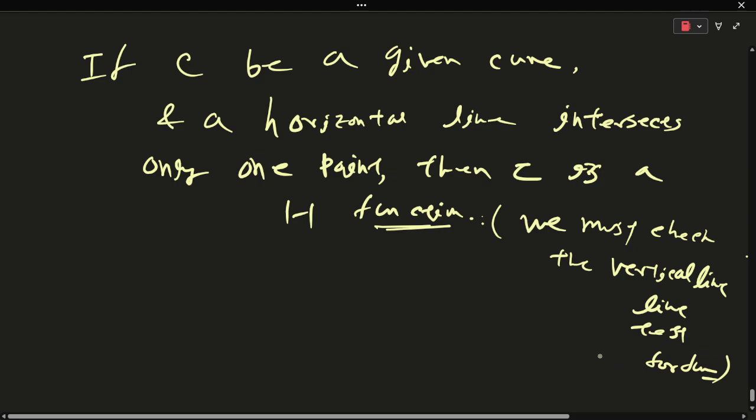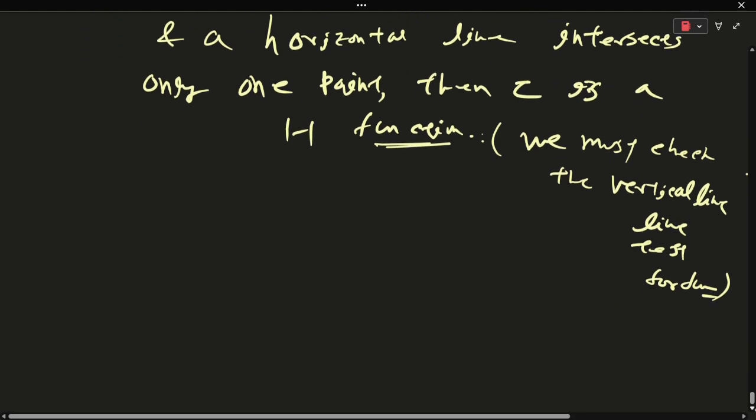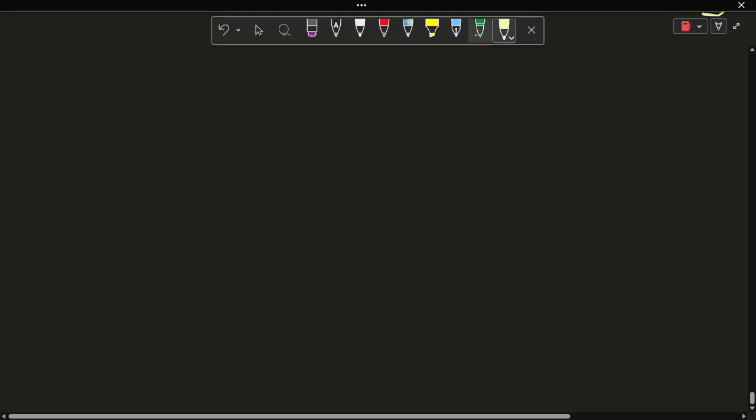Now the horizontal line test for onto function.